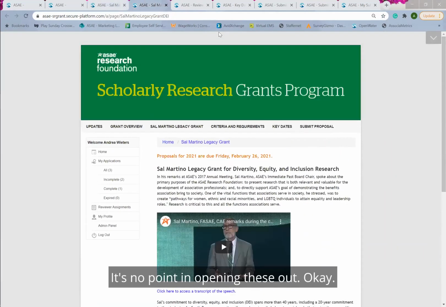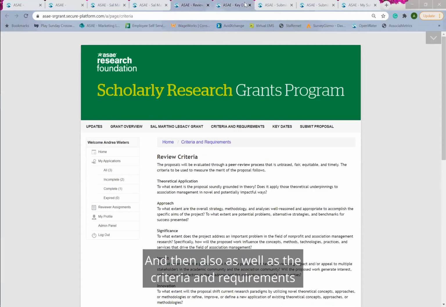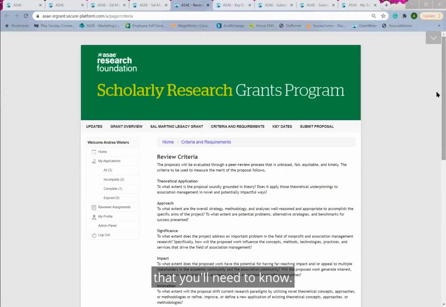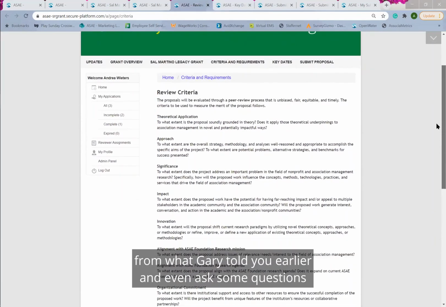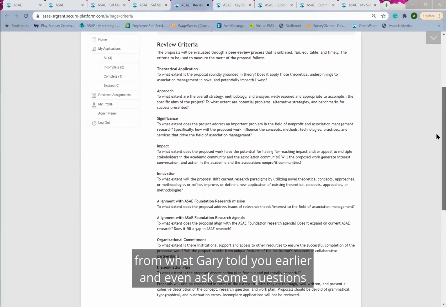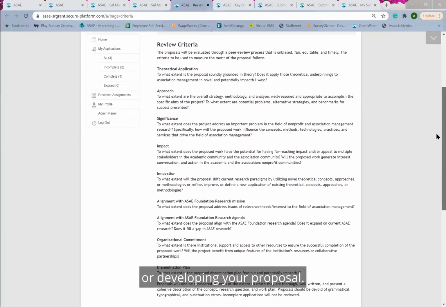Then also the criteria and requirements that you'll need to know, diving into a little more detail from what Gary told you earlier, and even some questions to ask yourself as you are developing your proposal.